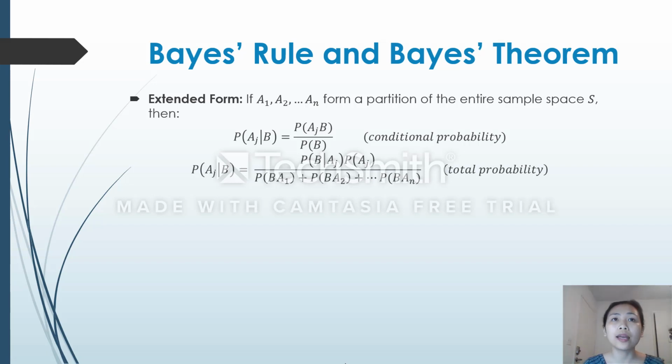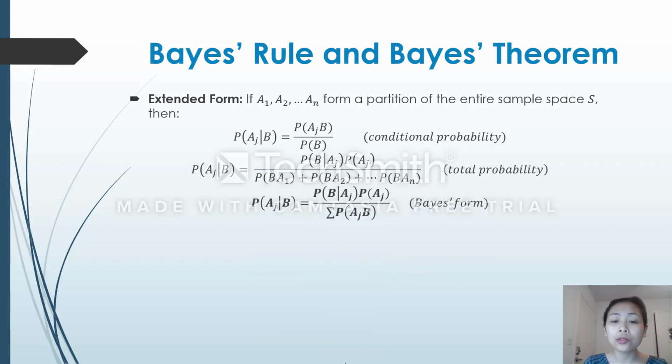We think about the case like B is the group of boys, A1 is the people who like number 1, A2 is the people who like number 2, up to AN is the people who like number N. So the group of people divides into N groups, and the group of boys divides into N groups: the boys who like number 1, the boys who like number 2, the boys who like number N. So we combine these N groups together, we have the whole group of boys. So that's about the general total probability law.